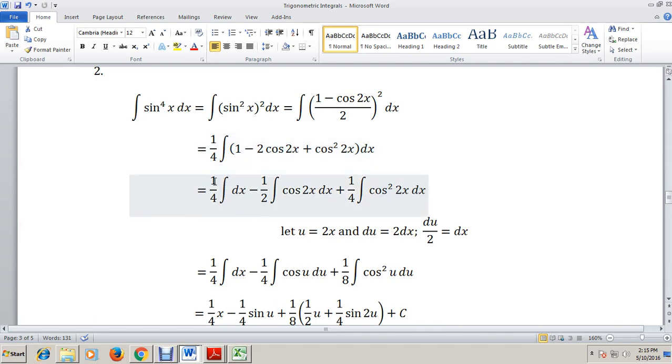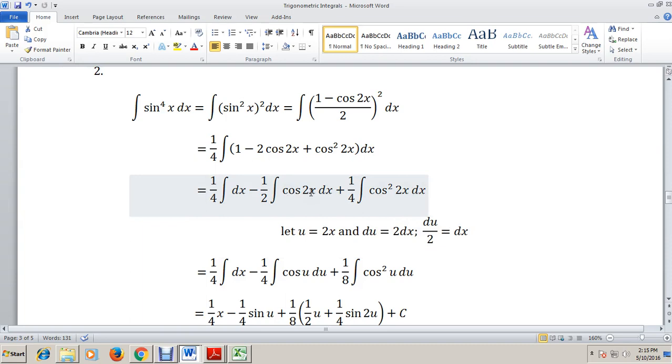At this point we can perform the 1/4 integral of dx, which of course becomes 1/4 x. That is why we have 1/4 x here. Now for the remaining two integrals, we first let u equal to 2x. Now du is 2dx, and dx is equal to du over 2.